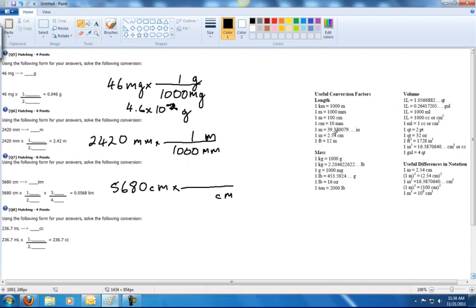But what I do see is a way that I could get from centimeters to meters, and then I could go from meters to kilometers. So what I needed was some sort of linking unit here, something that the kilometers and the centimeters both had in common, and that would be the meters.